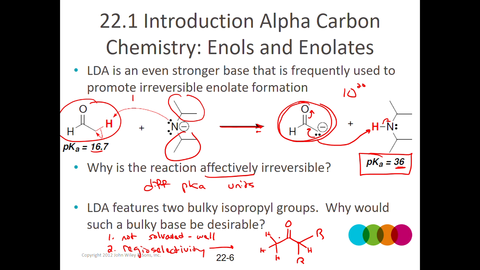In a situation like this, you could form two different enolates. If the base picks off this proton, I form an enolate on this side. If the base picks off this proton, then the electrons here would stay behind, and I would form an enolate on the other side.